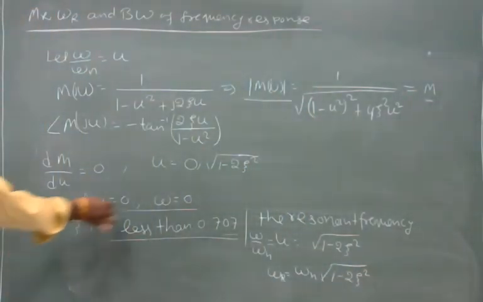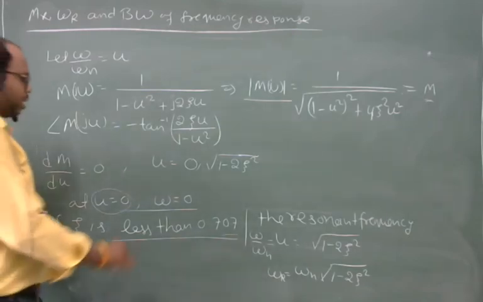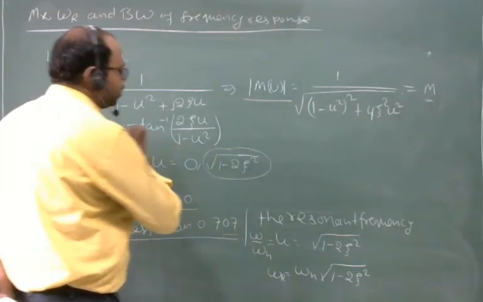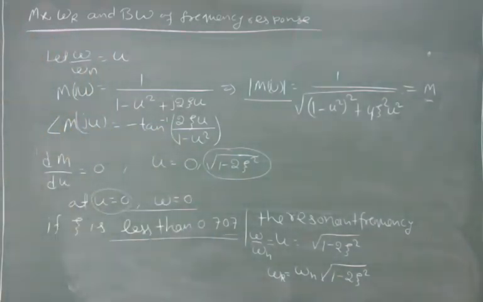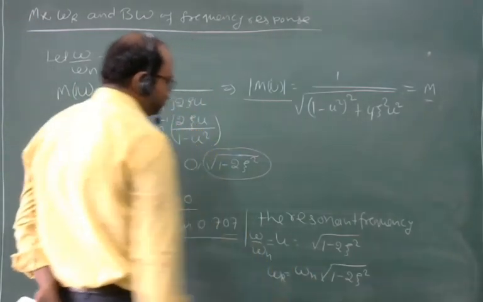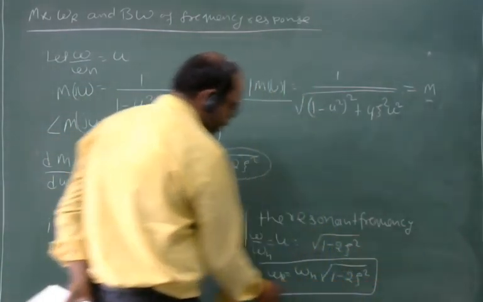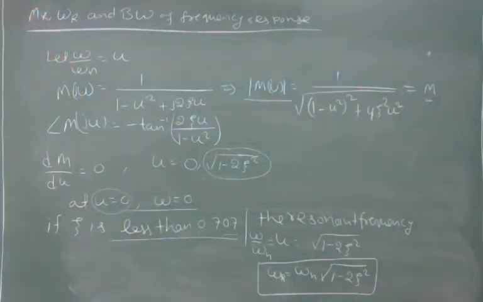Since at the other value of u we never find the true maximum, the true maximum will be at omega is equal to omega r, which is equal to omega n under root 1 minus 2 zeta square. So this is the resonant frequency.